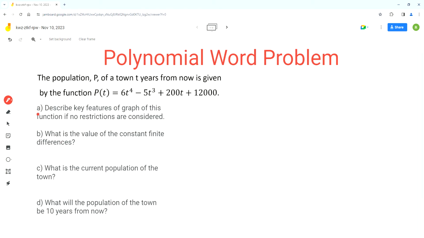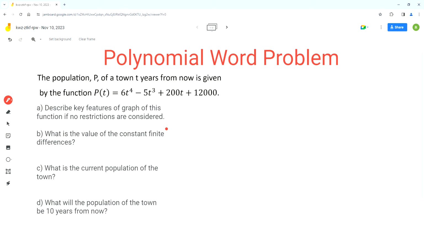In the first part, we have to describe key features of the graph of this function if no restrictions are considered. So we have to analyze the key features of this function. No restrictions means that we can assume the graph extends indefinitely on both sides of the x-axis.